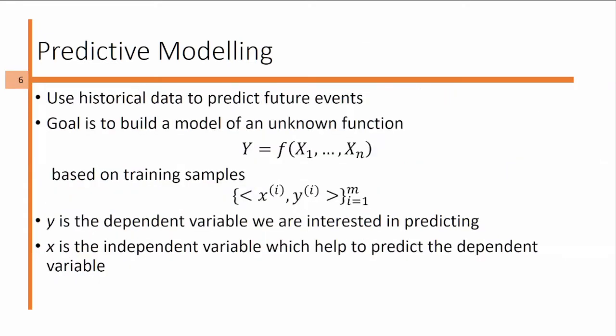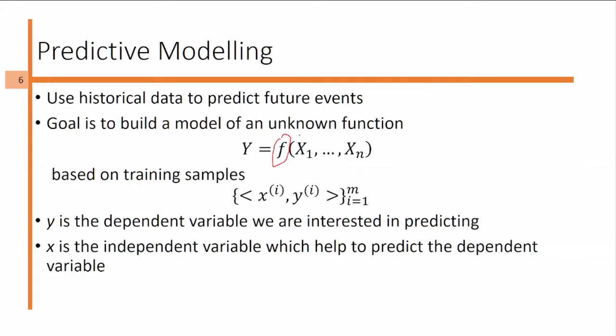So let's start with some basics. What is predictive modeling? As the name implies, predict future events based on historical data. And what is our main goal? Suppose we have an unknown function f, and our main goal is to build a model for this unknown function.